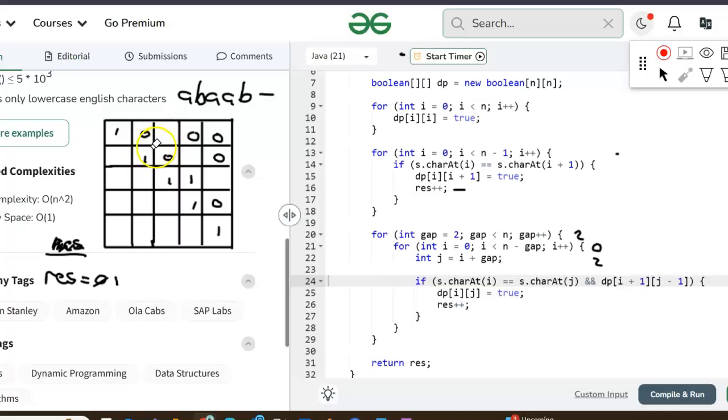So it's actually the table cell diagonally down and to the left. Okay? Is 0 equal to 2? Yes. Is the intermediate string a palindrome? Yes. So that is a palindrome, and we'll increment res. All right?